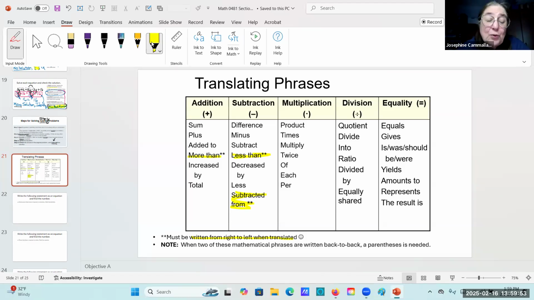And these writing words in English, more than, less than, subtracted from, all happen to be from our Asian relatives. Right to left. And then don't forget, if two mathematical phrases are written back to back, you've got to have the parentheses, which means we're distributing.